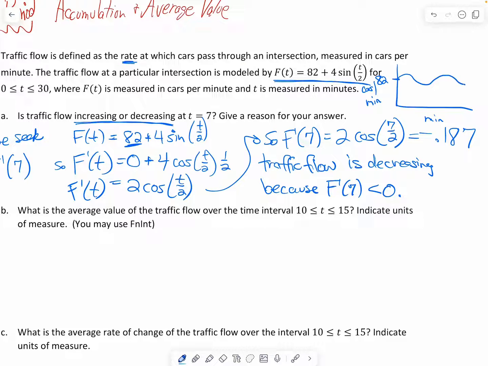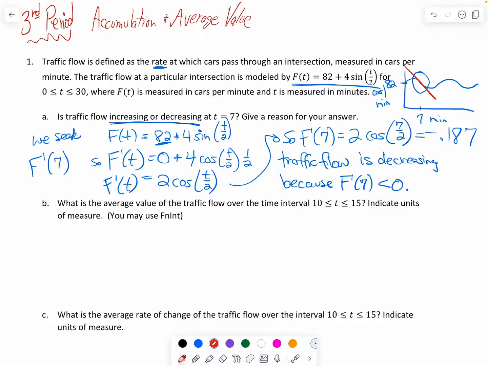It kind of behaved like this. So it looks like at 7, I'm estimating here, the derivative was negative. That means the slope of the tangent line, or the rate of change of this rate, is decreasing. So traffic flow is decreasing.